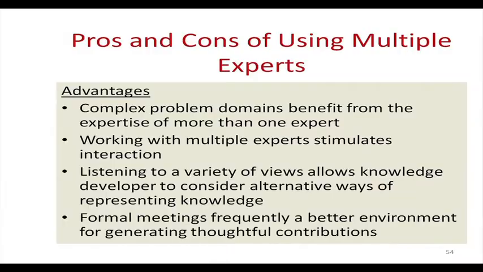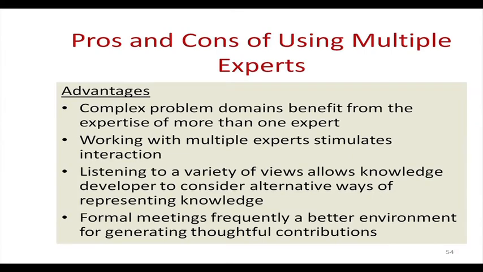It is always good to consult multiple experts, because they create better interaction among themselves and try to arrive at a solution. The idea is that you get a variety of knowledge across experts, so you can develop alternative ways to represent knowledge. Suppose you go for a particular problem related to the brain, you go to a person, he is a neurosurgeon.